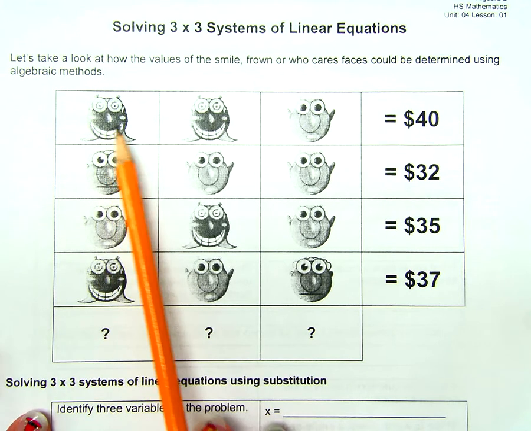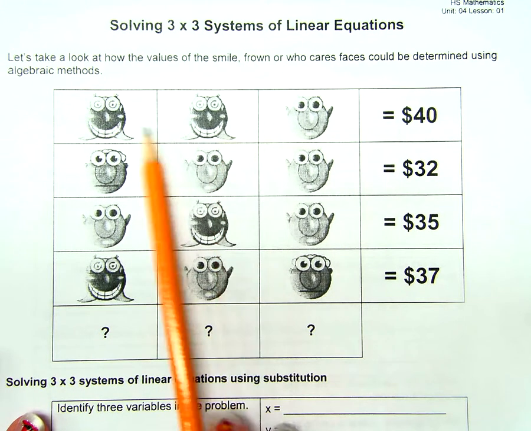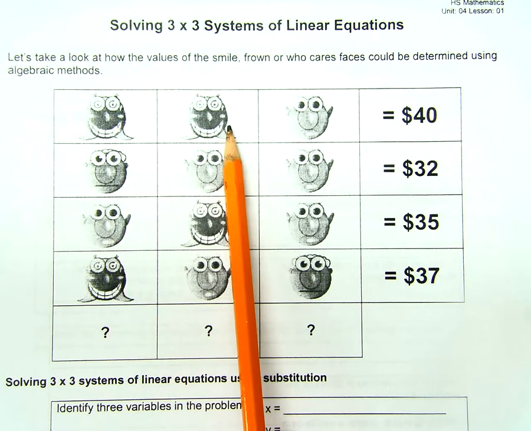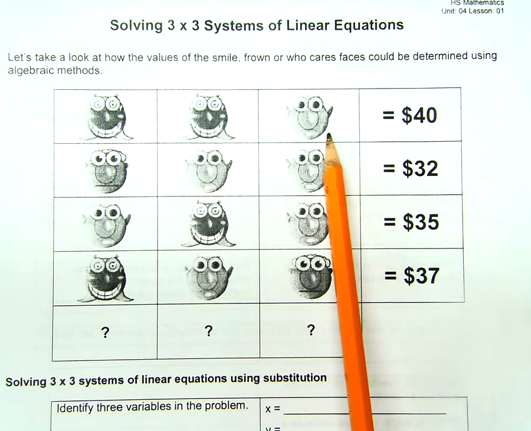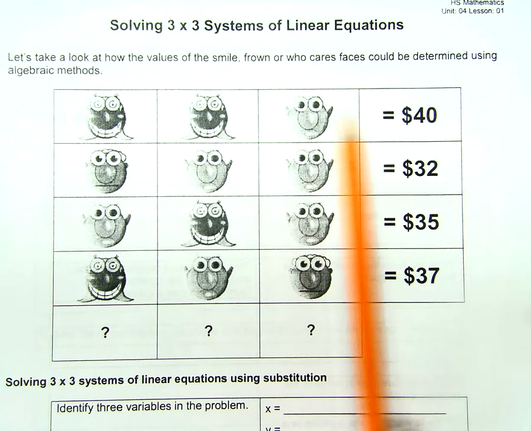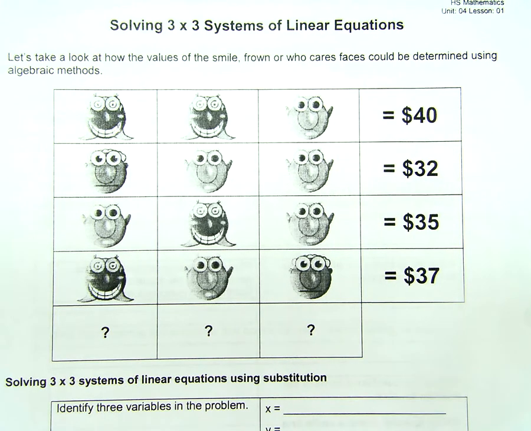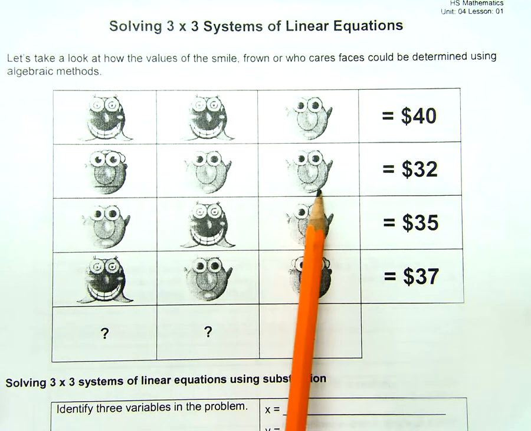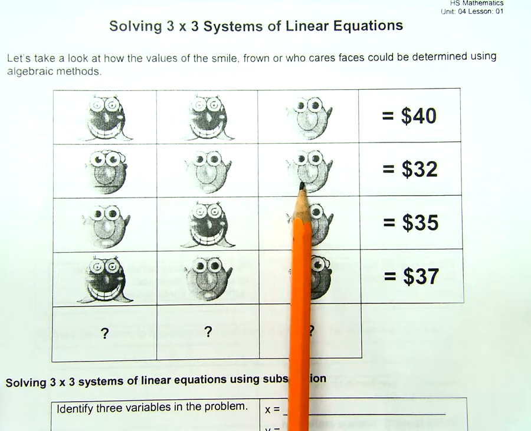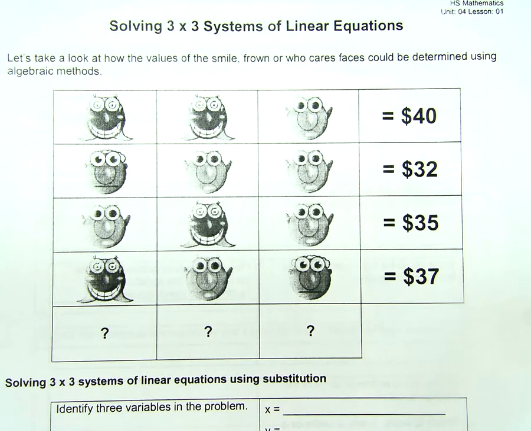So tell me about this first row right here. If we have 2 smileys and a frowny, whatever that means, that's going to cost $40. What about this one right here? 1 who cares, 2 frownies, whatever that means, is $32.